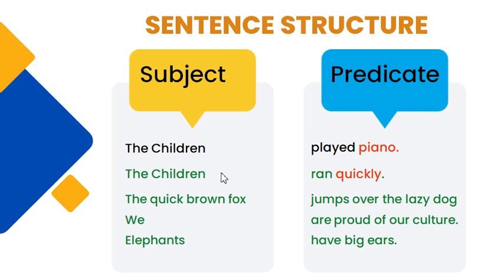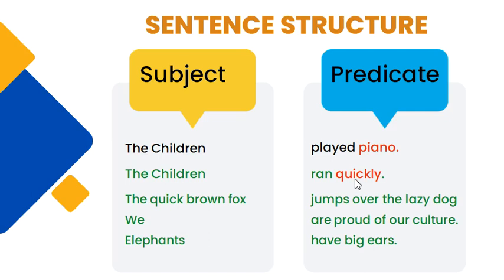Look at the second example. The children ran quickly. When we say the children ran, that is enough. The children is the subject and ran is the predicate. Of course, ran is the predicate and the verb. But you can add more words to the predicate part. Ran quickly. How did they run? You might say they ran quickly or slowly. Or you can say gently.